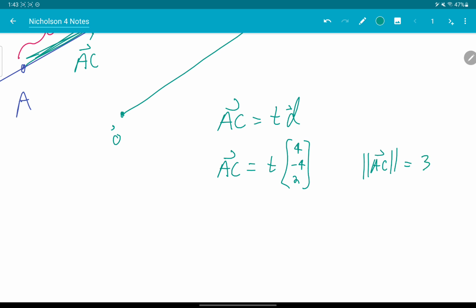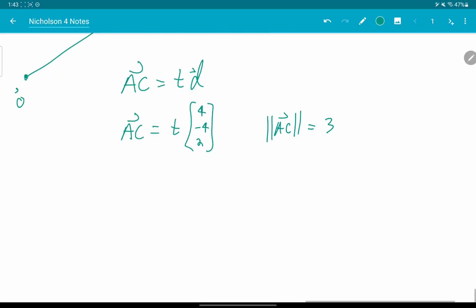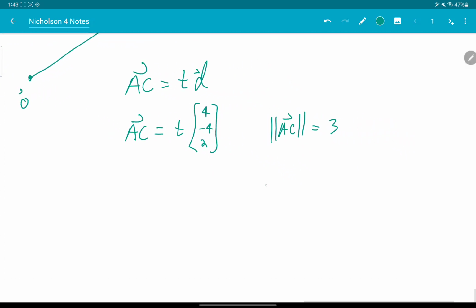That's given in the question. So what does that mean? That means that I take this guy, stick it in here, and hope for the best. So I got the length of AC is the length of 4t, negative 4t, 2t, which is 3.